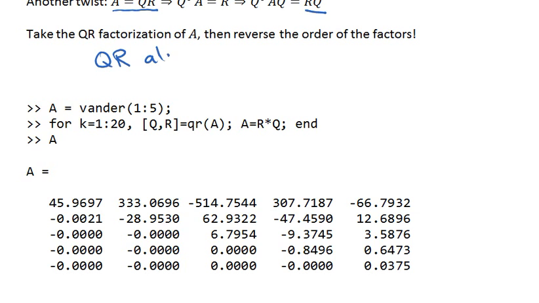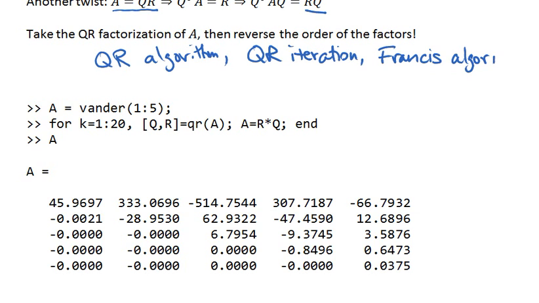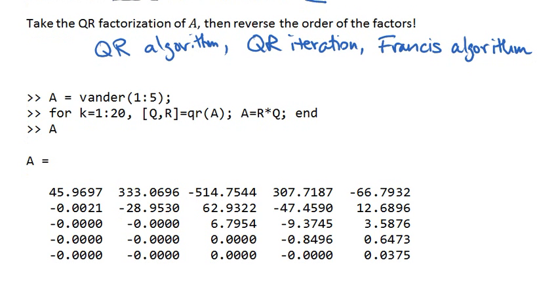And this has various names. It's the QR algorithm, or the QR iteration, or it's named the Francis algorithm. It's kind of nice to have the algorithm named after the person who really discovered it. But you'll see it referred to all these different ways, not to be confused with the term QR factorization.